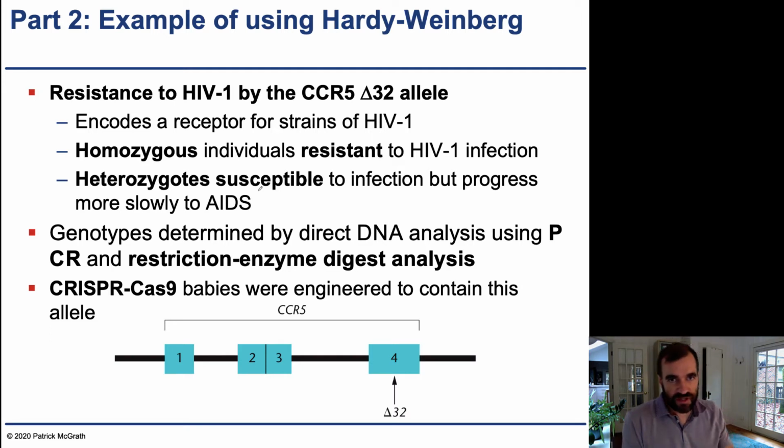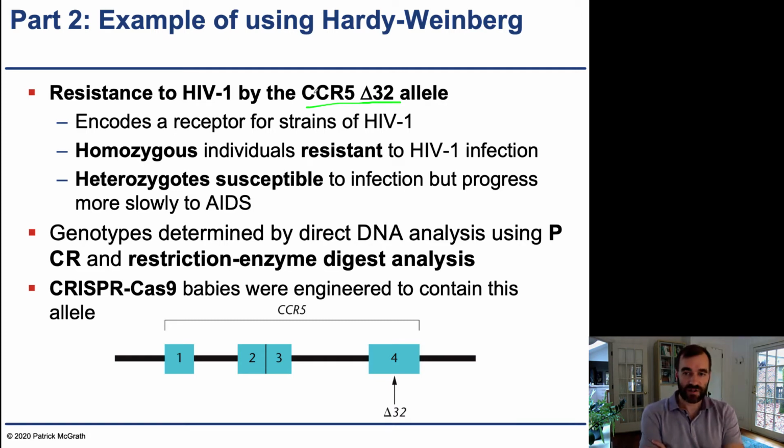One example of using Hardy-Weinberg is trying to predict resistance to HIV-1. Human geneticists have found a gene, CCR5, encoded by multiple exons, that has an allele called the delta 32 allele. CCR5 encodes a receptor for strains of HIV-1.